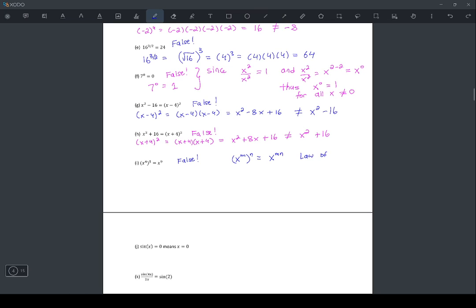So x to the 4 to the 5 should be x to the power of 20, not x to the 9. I will explain why.